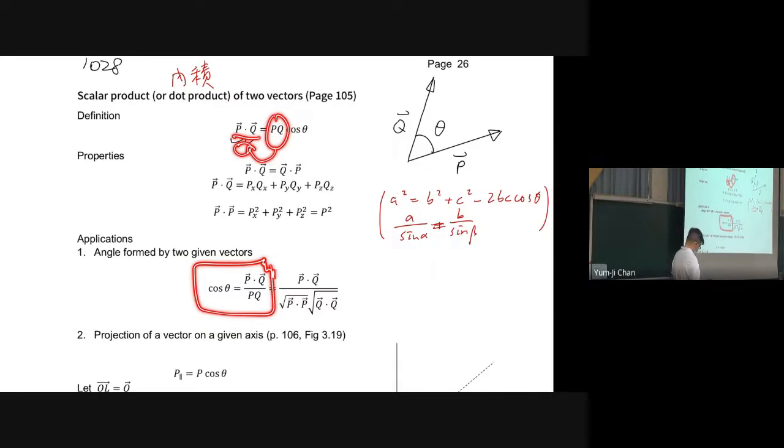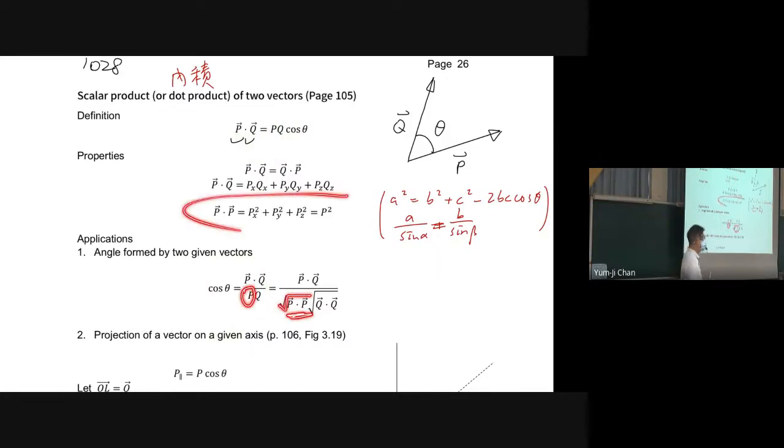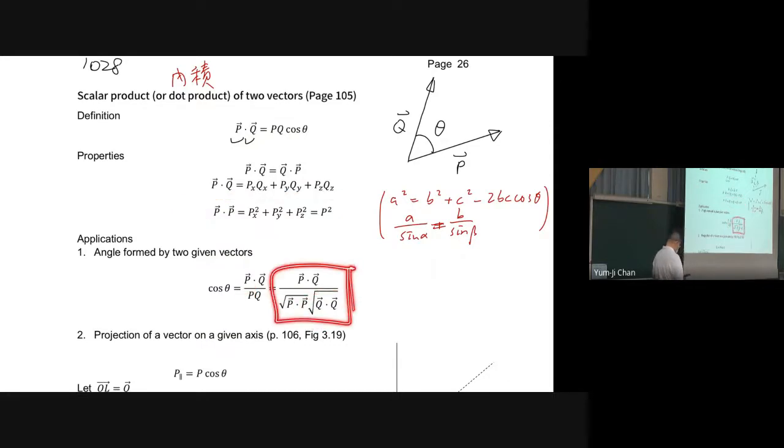P itself is the square root of P dot P because of this, and Q itself equals the square root of Q dot Q. So we usually determine cosine theta or theta using this format because it is easier to write computer programs using this form.